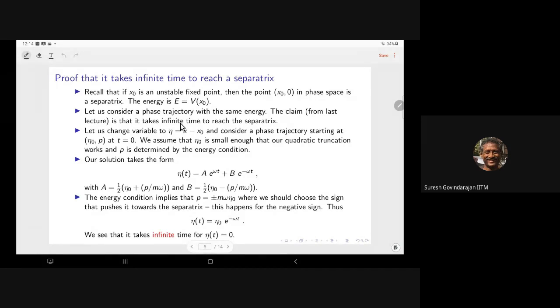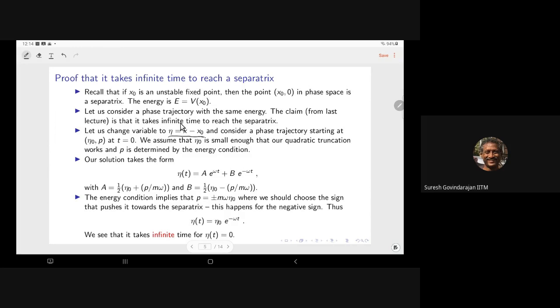The first thing you do is you change variable again, like before, to eta, which is x minus x0. Okay, and consider a phase trajectory (eta naught, p) at t equal to 0. We assume that eta naught is small enough that our quadratic truncation works.